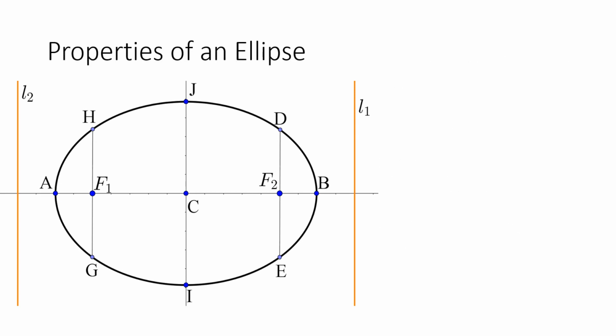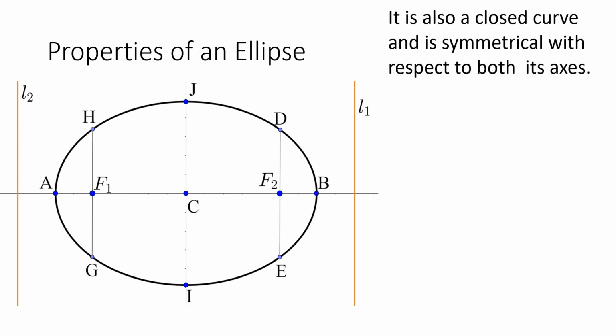Now, let's look at some properties of an ellipse. The first one: an ellipse is a closed curve and is symmetrical with respect to both its axes. Meaning the major axis, the longest segment, makes the curve symmetrical, and then this segment is our minor axis.